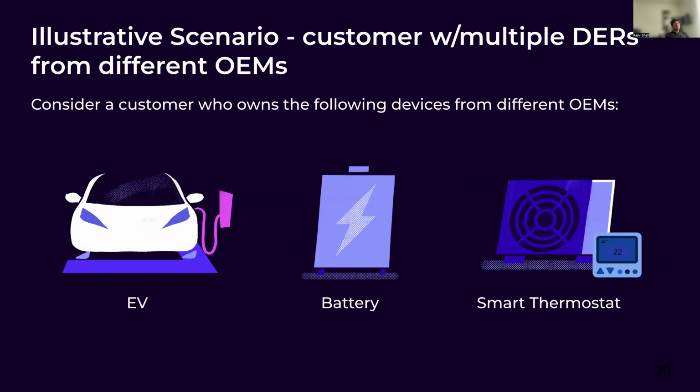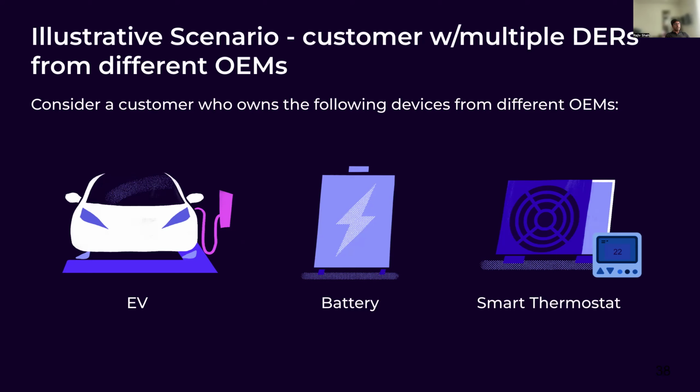It actually is best contextualized by this illustrative scenario, which Octopus Energy has actually experienced here in Texas. So consider a customer who owns an EV, a Chevy Bolt, a Tesla Powerwall, and a Google Nest thermostat.